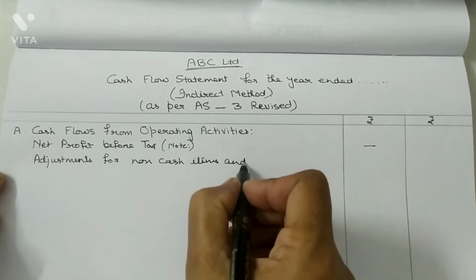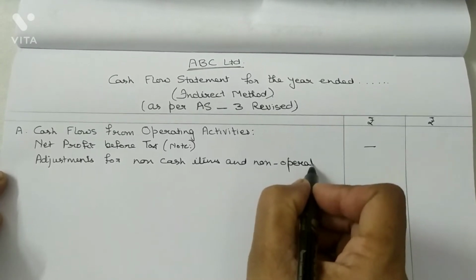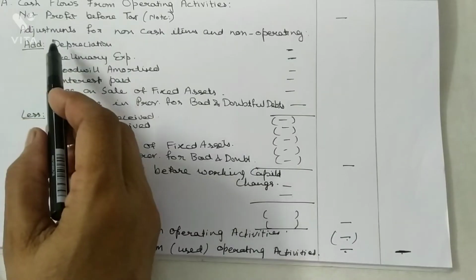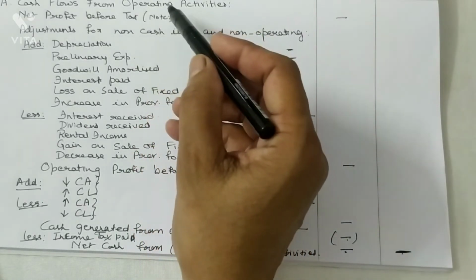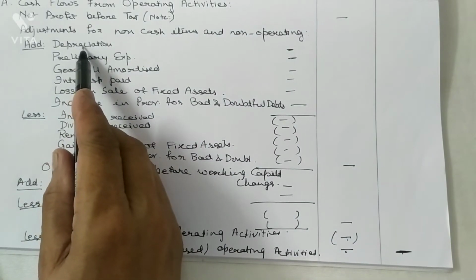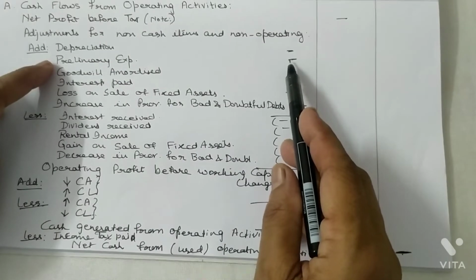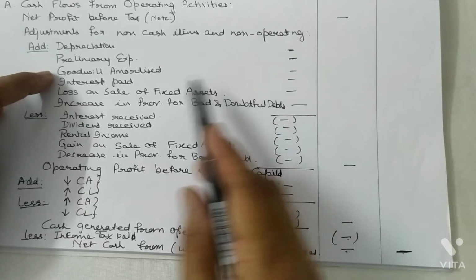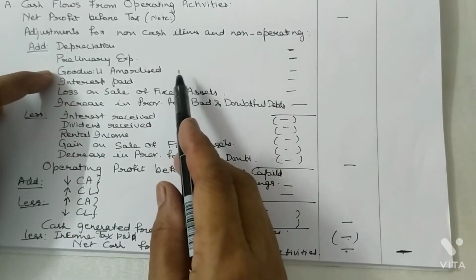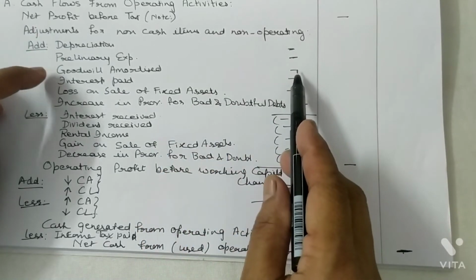and non-operating items. Non-operating expenses and losses are added back to profit, like depreciation, preliminary expenses, expenses on issue of shares or discount on issue of debentures, etc. Then goodwill amortized or any other intangible assets written off should be added back to profit.